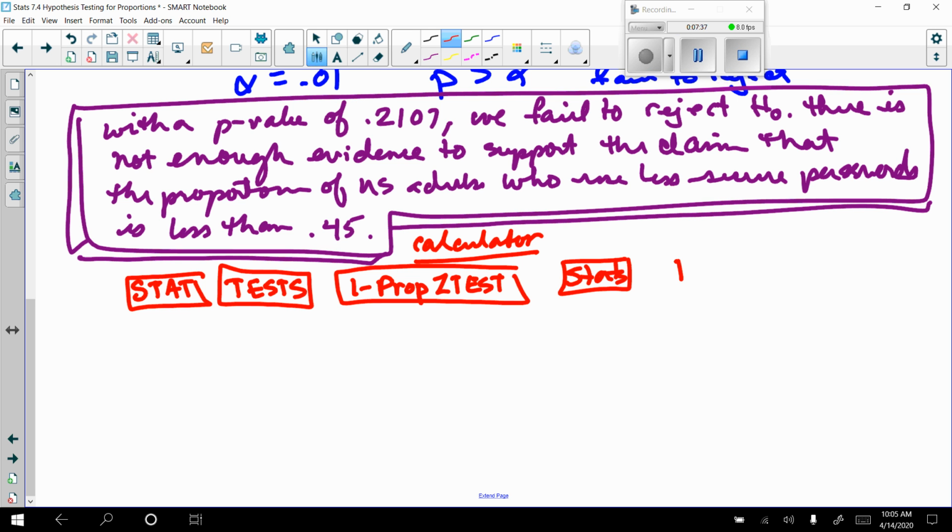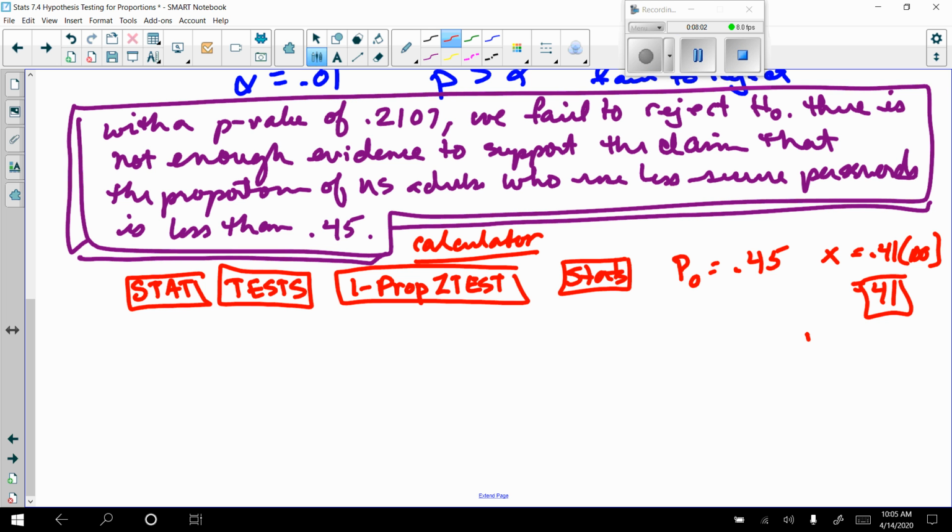The parameters that you're going to put in using the stats are p naught, that's your population proportion, 0.45. Your x has to be the number of people out of all of the people that are in the sample. So that's going to be 0.41 times n, which is 100, so 41.